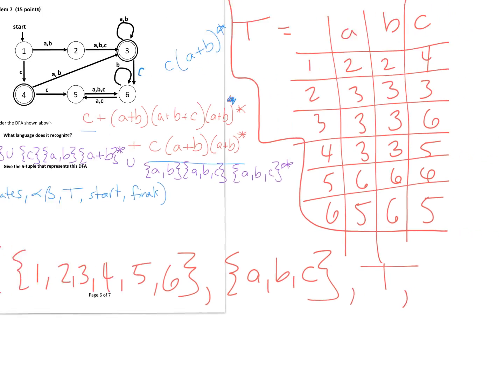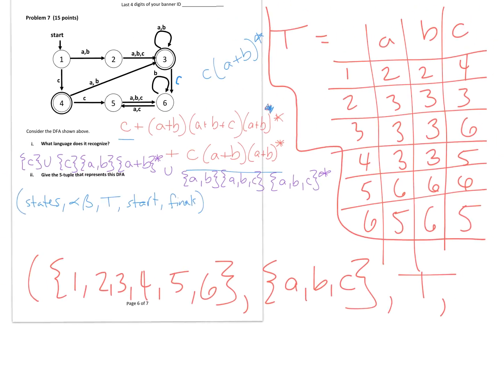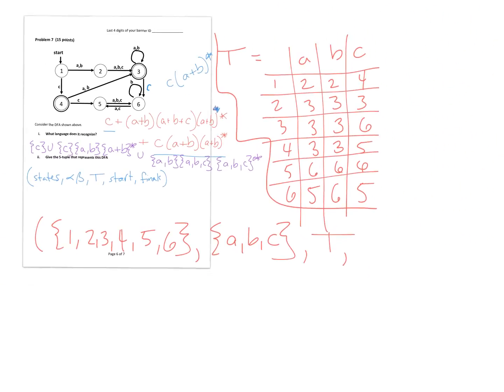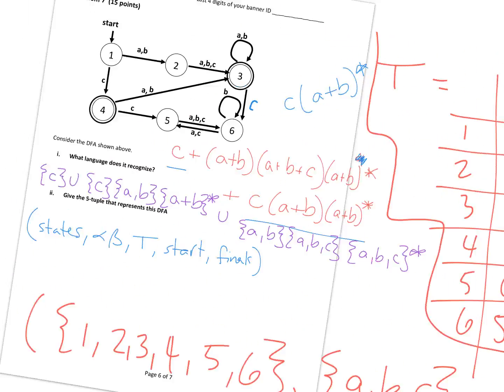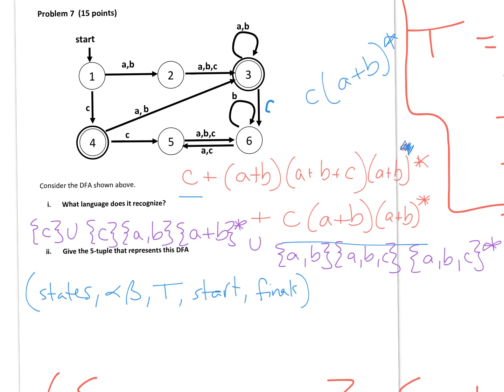So let's keep going with my 5-tuple. I had my states, my alphabet, my transition table. I need to tell you my start state. It's getting pretty small here now, but if you look, my start state was 1, right? And my accept states were 3 and 4.